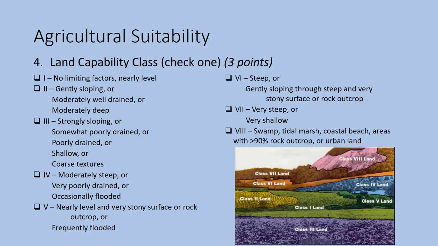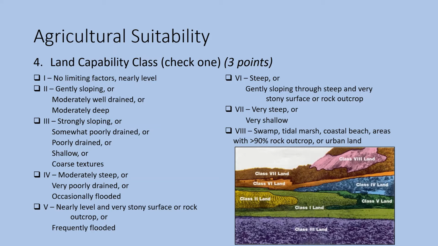As you go through each of these, you want to be careful reading because you'll notice there's ands and ors. So you want to make sure you're reading it completely and identifying the right combination of limitations for each class. As you go through, basically you'll determine which factors give you the highest land capability class, or the most limiting, and that's going to be the one you pick.